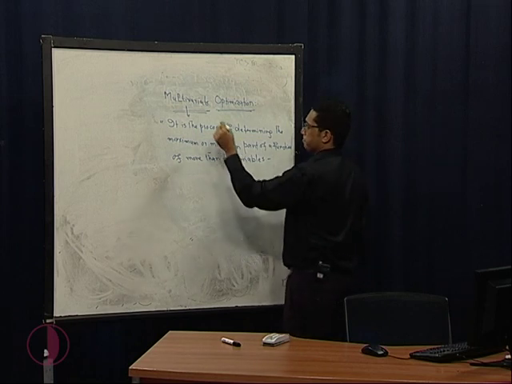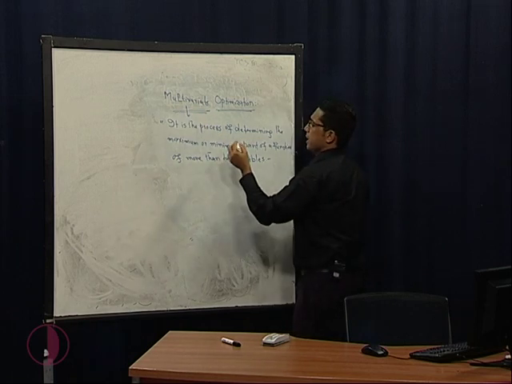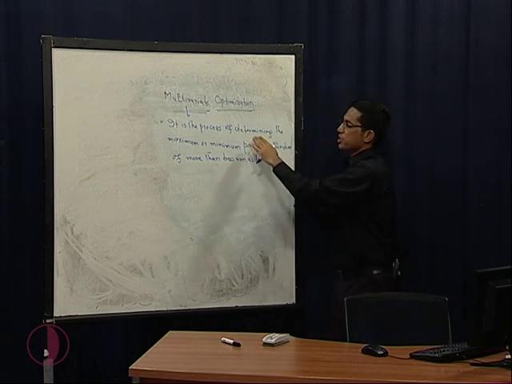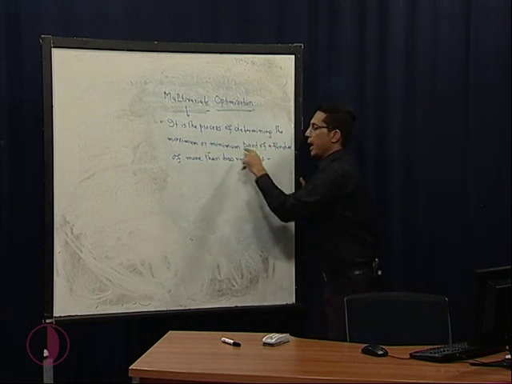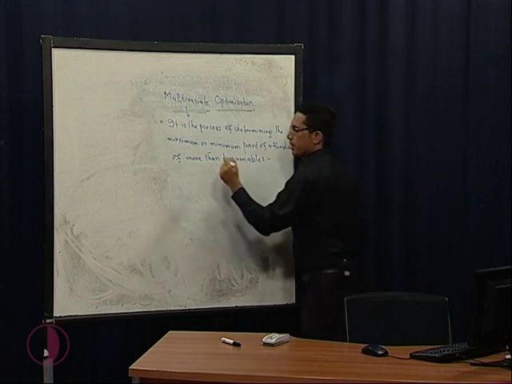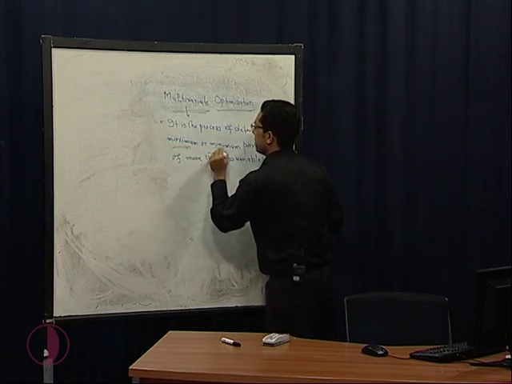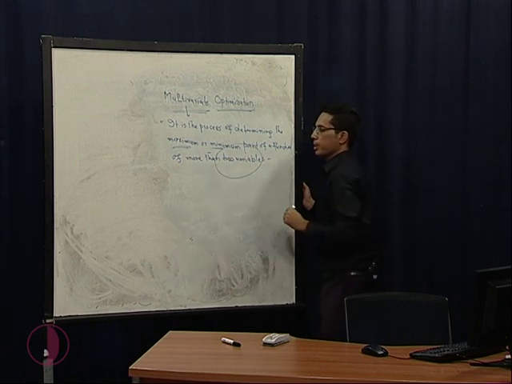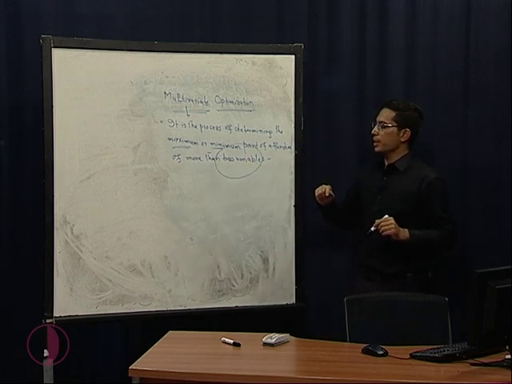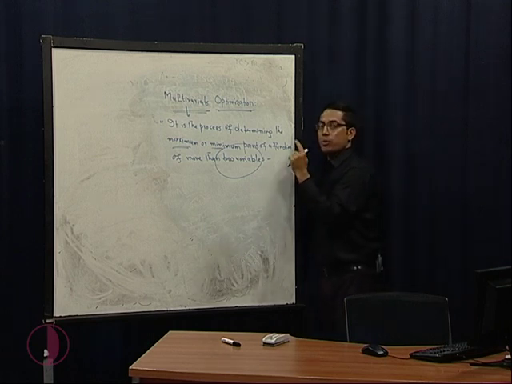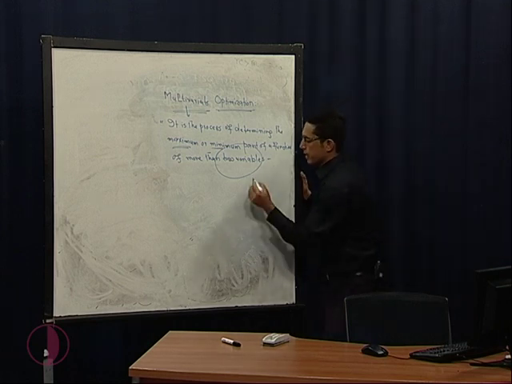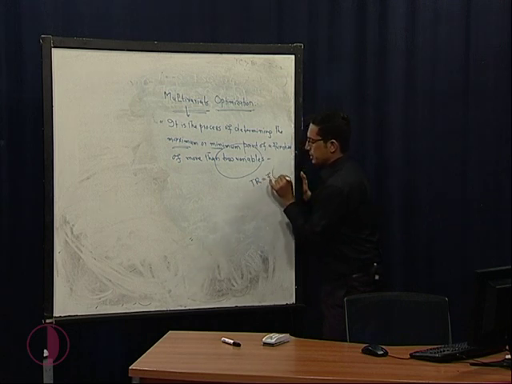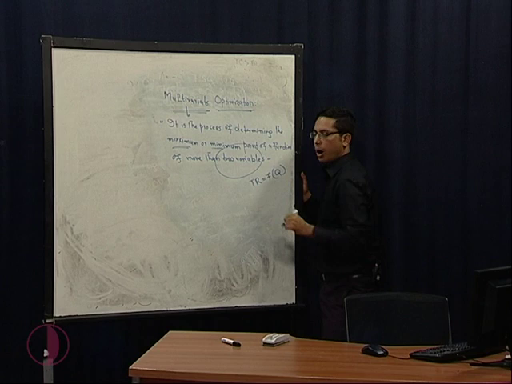What does it mean? It means that we are interested in determining the maximum or minimum point of a function for more than two variables. In the last case, we had only two variables. For example, we said that total revenue is the function of output.